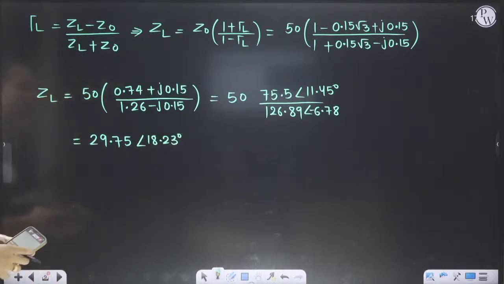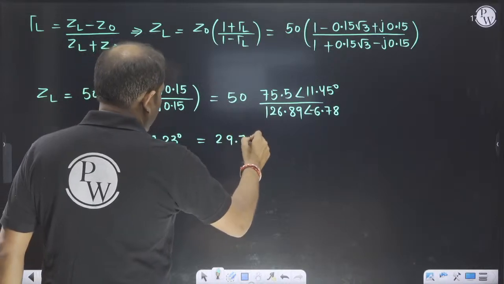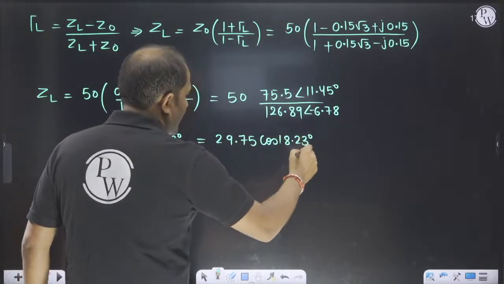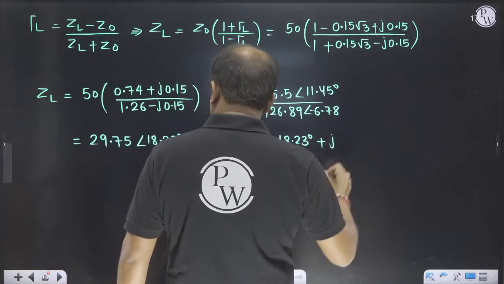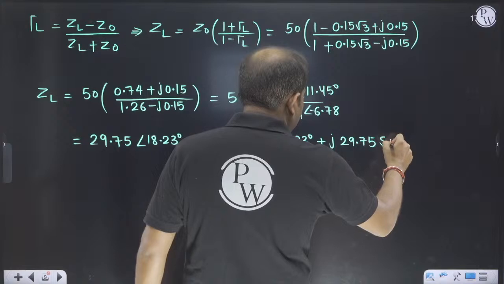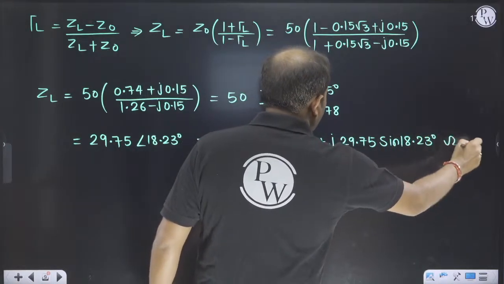So this is the value of ZL. Then you have calculated ZL: 29.75 cos 18.23 degree plus j 29.75 sin 18.23 degree.